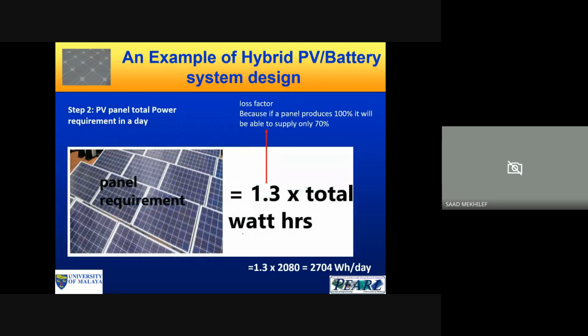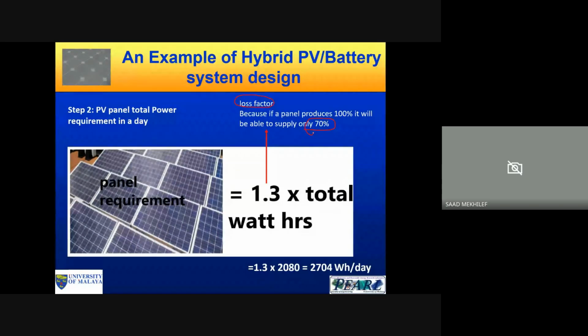Okay, so now we know the load, because we have estimated the size of the load. Let's see the source now, the PV panels. We want to have a PV and battery, like we said before. Like I said, we have quite a number of losses. We have the loss factor, because if the PV panel produces 100%, it will be able to supply only 70%.